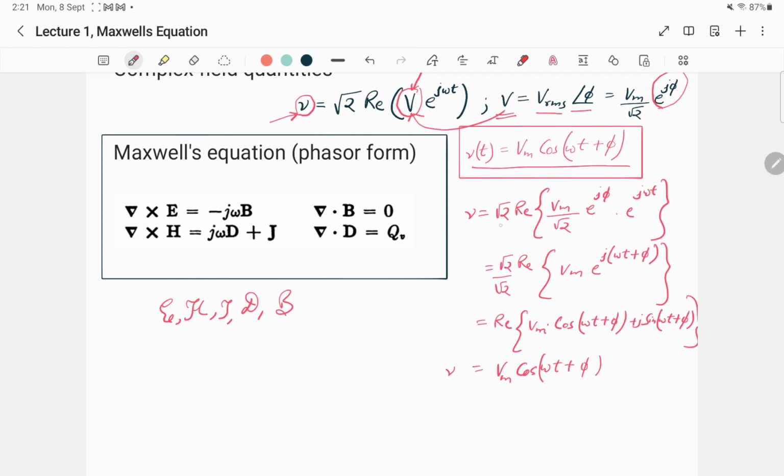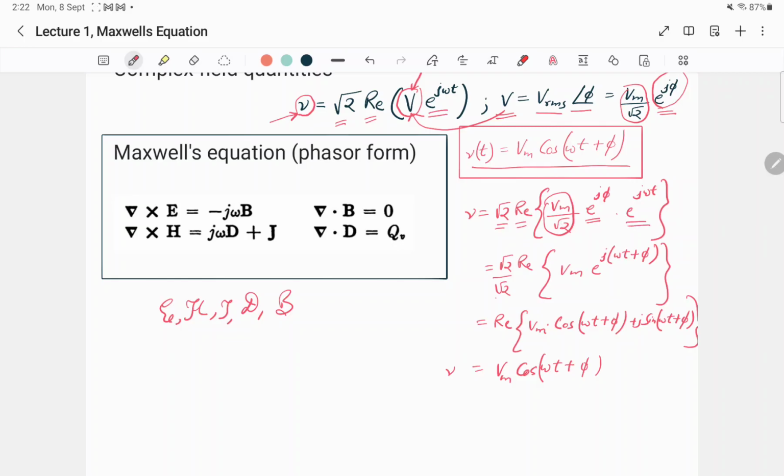So v is root 2 times the real part of the complex quantity V, which is Vm by root 2 e to the power j phi, multiplied by e to the power j omega t.